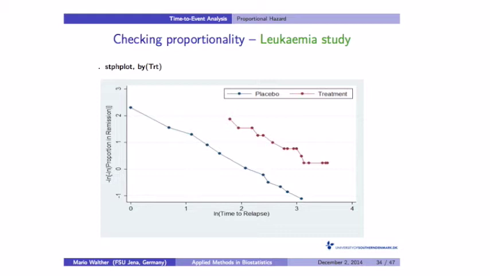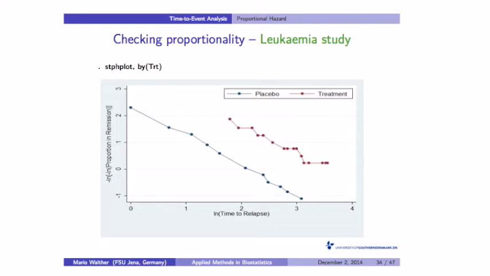You can examine this assumption by using ST-PH plot data. ST for survival time, PH for proportional hazard plot, separated with respect to the treatment. One plot for the placebo group and one plot for the treatment group.